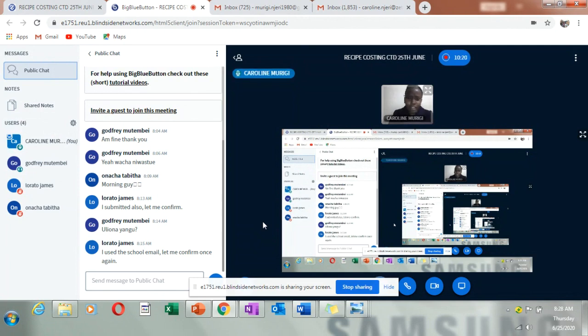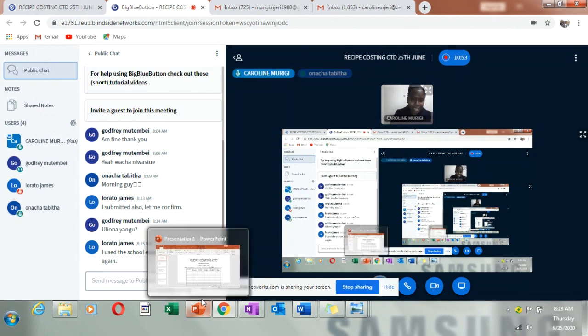Then another thing about the recipe costing is that we talked about the portion cost, the standard portion cost. We gave a formula. We said that portion cost is equal to recipe cost divided by the number of portions. You remember that? Yes.